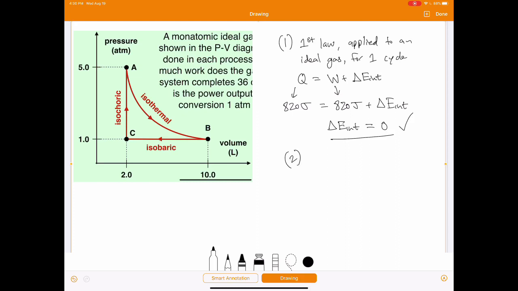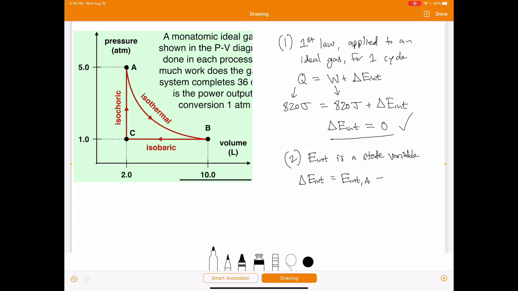That brings us to the second way of thinking about this, which is that internal energy is a state variable. So it only depends on where we are on the PV diagram. It doesn't depend on how we got there. So delta E internal is a change, right? We can think of this as final minus initial. Well, where do we end up after one complete cycle? We end up at point A. Where did we start?